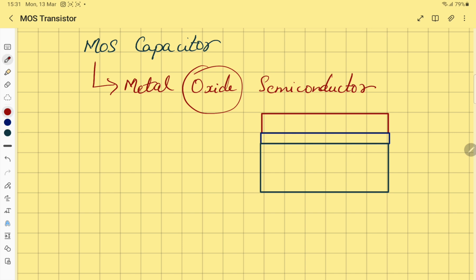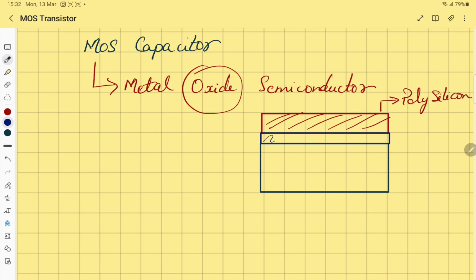Now, this metal layer, the topmost layer, is mostly made up of polysilicon, which is a crystal form of silicon, and it is a good conductor of electricity.